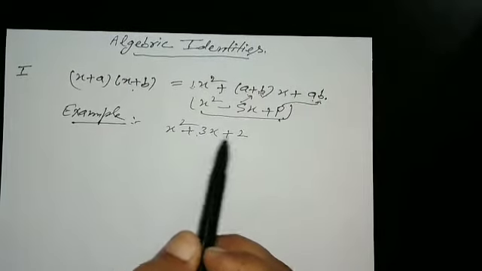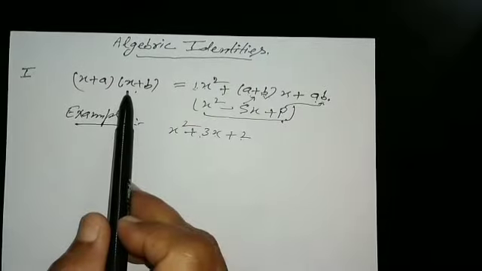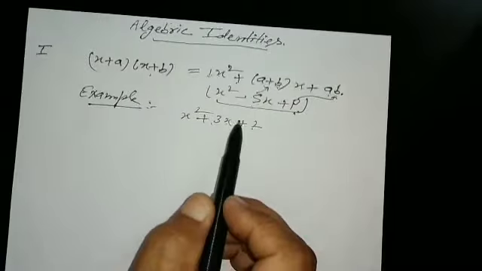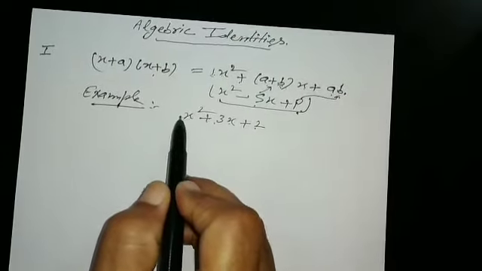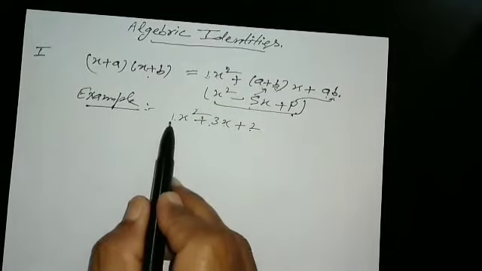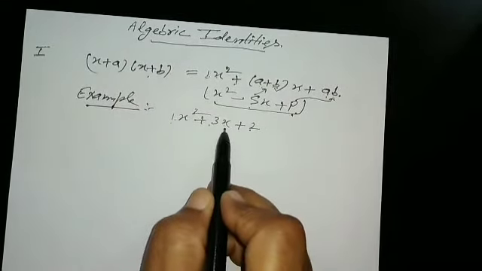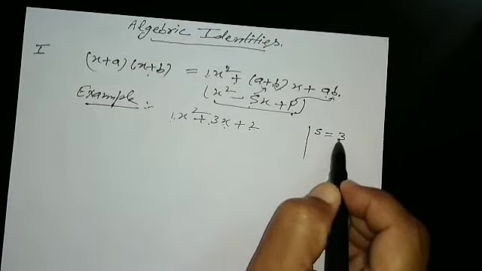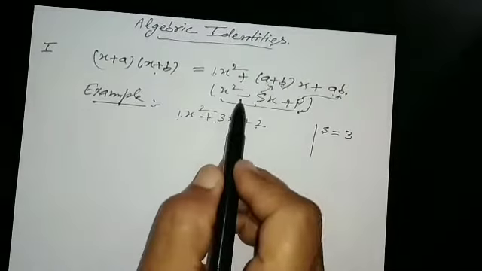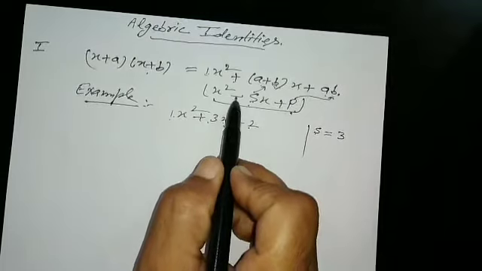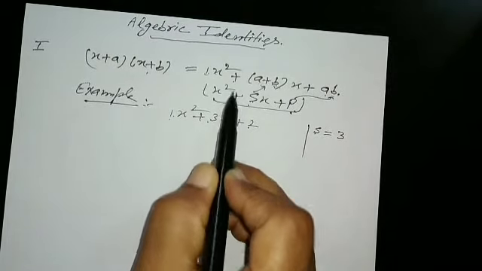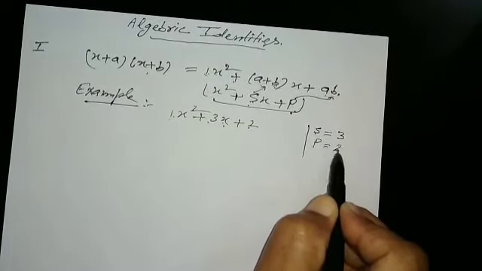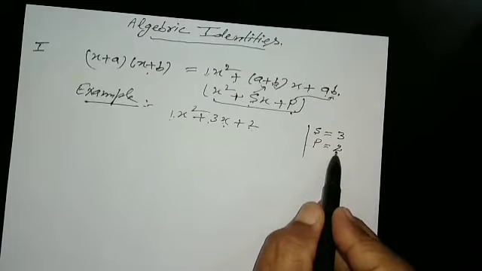Now we have to find the factors of this, meaning the reverse process of this identity, going from the right side to the left. The first point is that the coefficient of x square must be 1. Here it is 1. Now what is the coefficient of x? That is 3. You can call it s, the sum, which is 3, and the constant term, that is the product p, which is equal to 2.